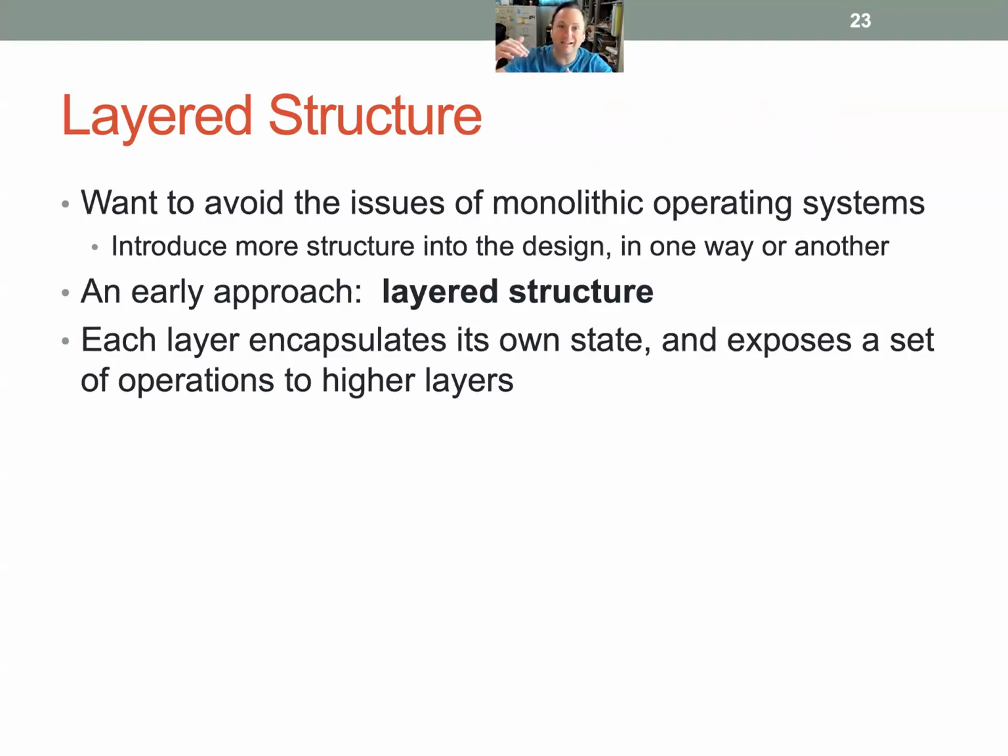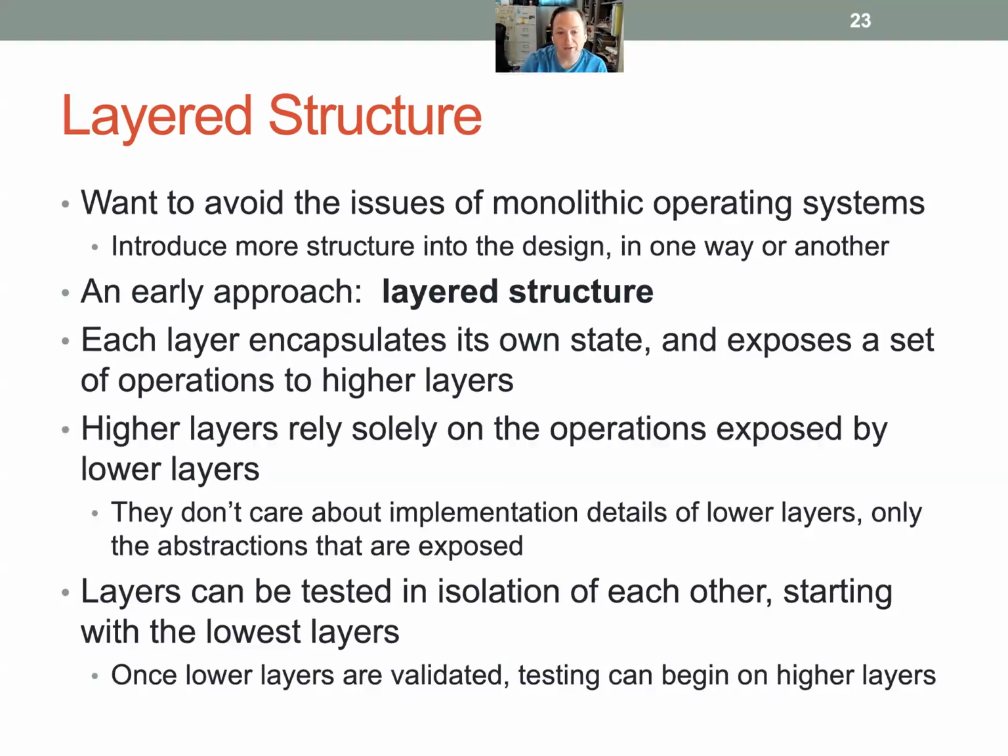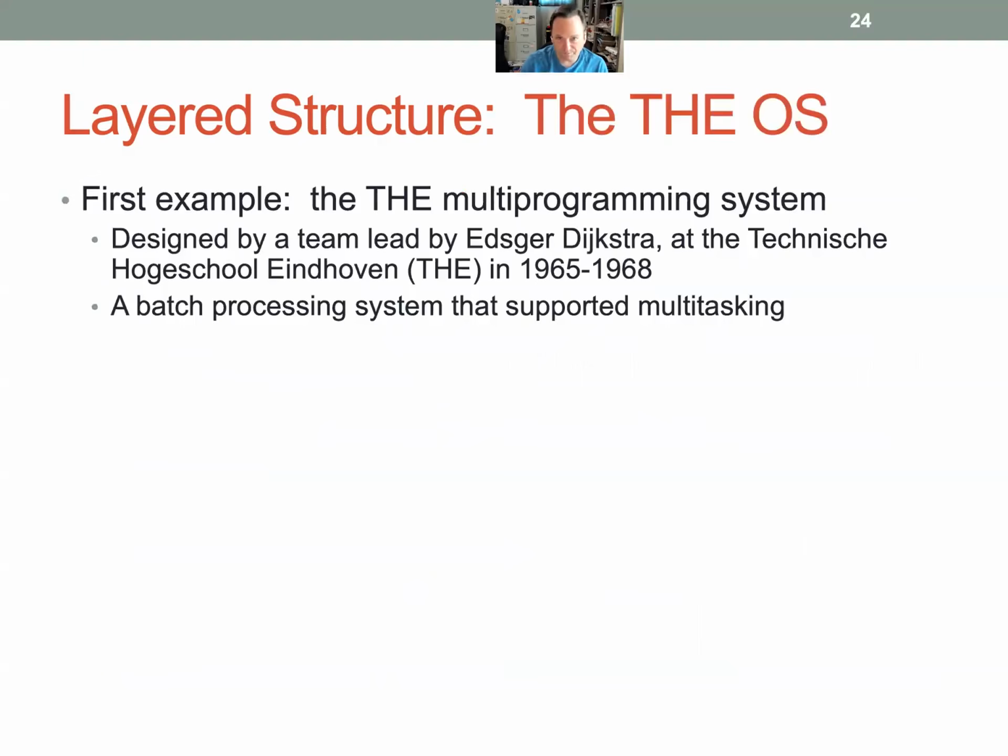You can't access any state directly. You can't jump layers. You have to only talk to the next layer, okay? And so the idea behind the layered architecture is that once you have a layer, you can write exhaustive tests for it, exercise that layer, and you can be sure that it works when you start building the next layer on top of it. Okay, so this was the idea behind the experiment.